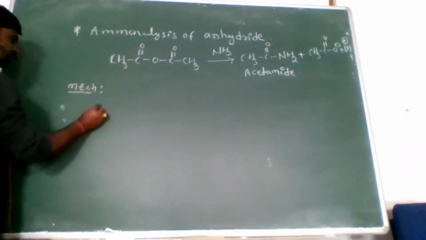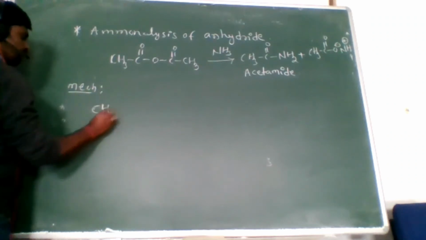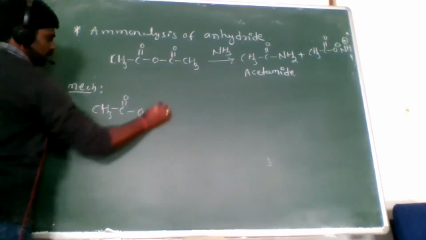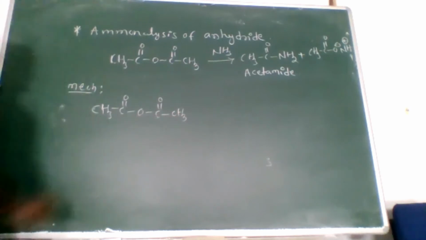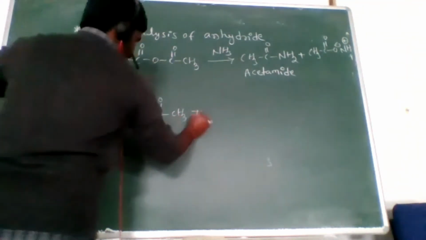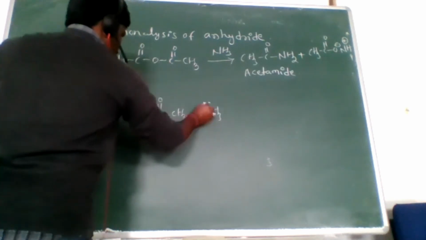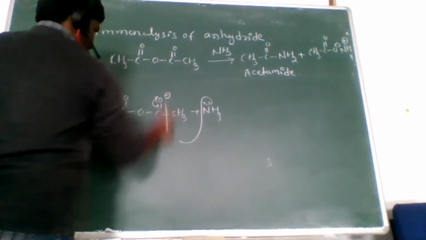Right, I take this, CH3 C double bond O C double bond O CH3. This is the acetic anhydride. I am adding ammonia. Right? We know already that nitrogen consists of a lone pair of electrons. For example, these electrons shift to the oxygen side.